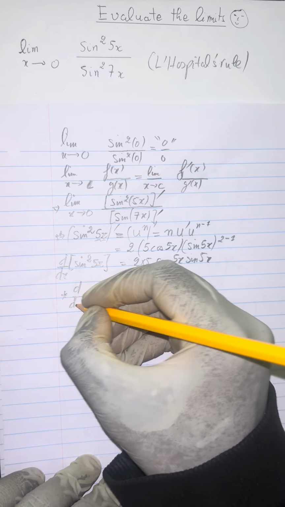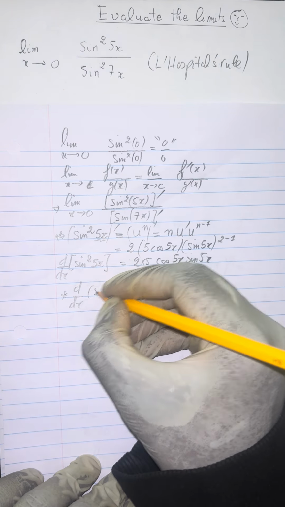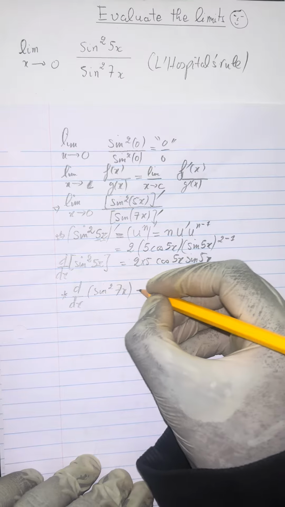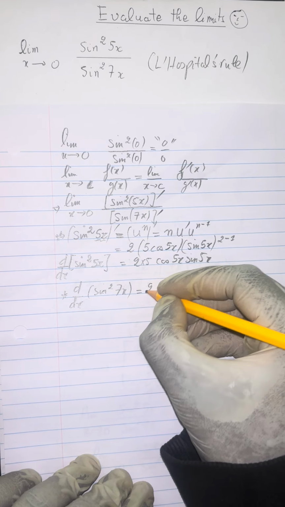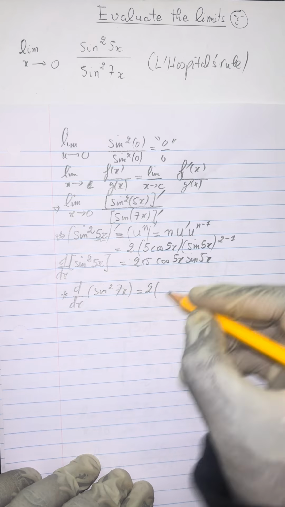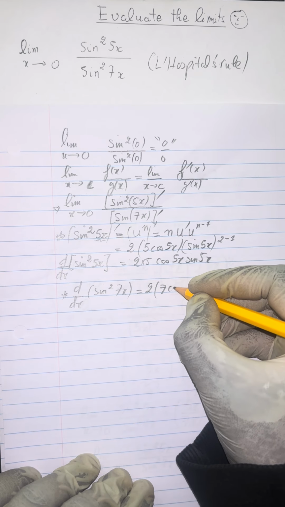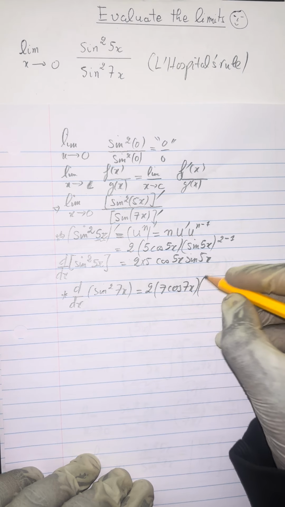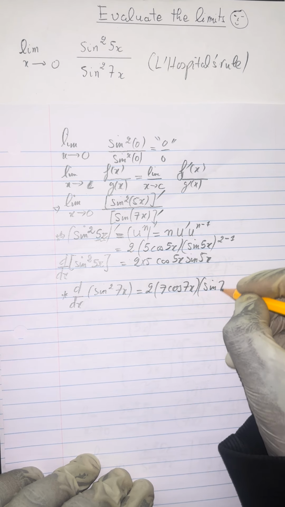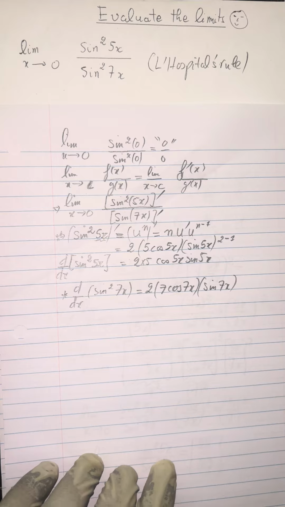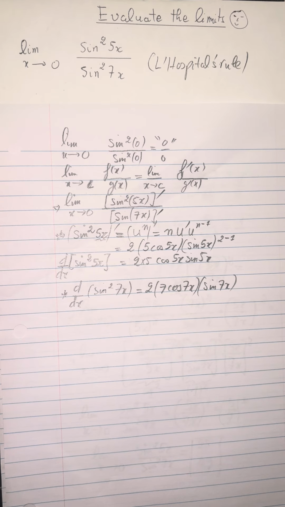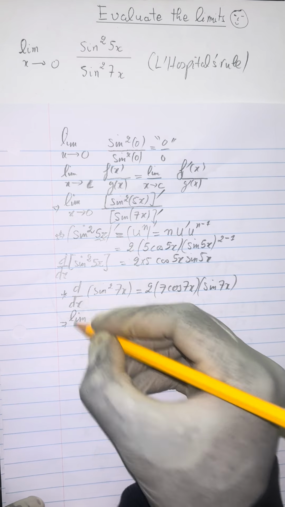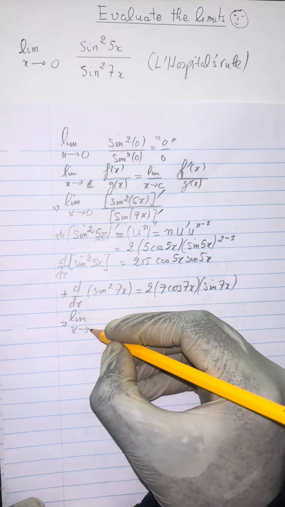So the derivative of sine squared of 7x is going to be n, which is 2, and then the derivative of sine of 7x, that is simply cos of 7x, and then sine 7x. So that's it, and now we can go ahead and rewrite our whole expression, which is the limit as x approaches 0.